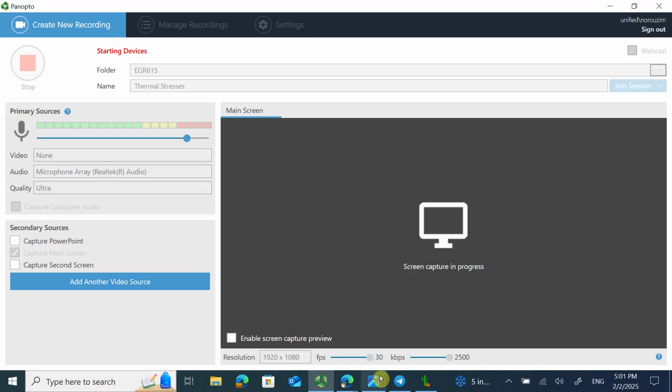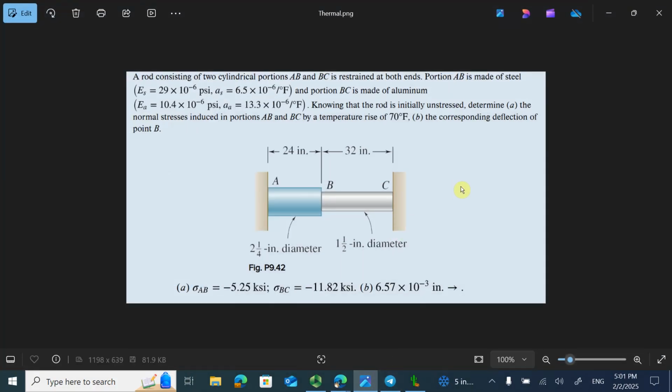Do this problem using Ansys APDL. As you see, we have a rod that has two segments bounded by two rigid walls.